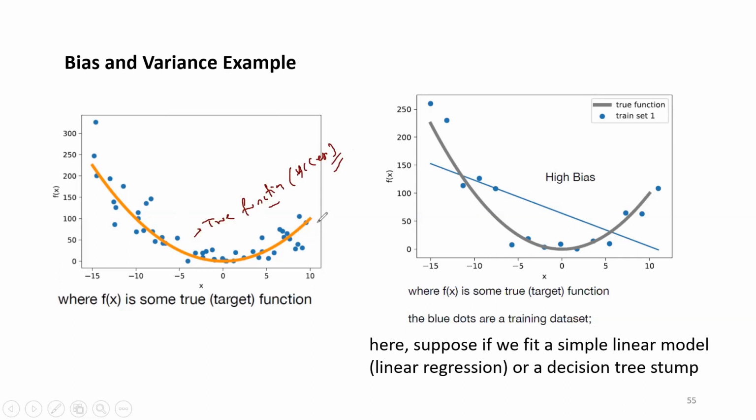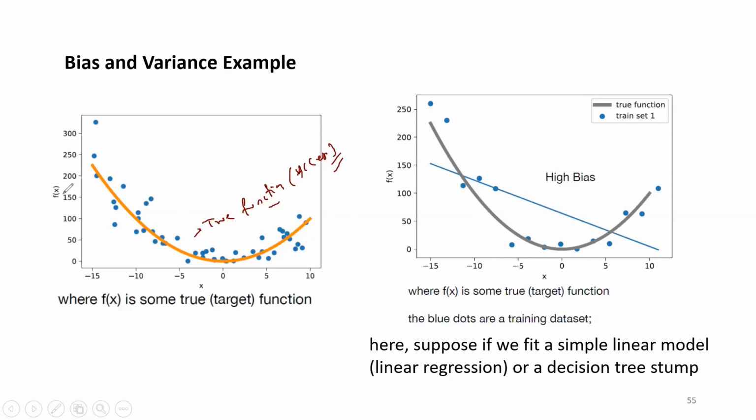When we do not have access to the true function, what we normally do is model an algorithm and try to find the true relationship, just like this. I'm actually taking the gray line here. If you observe, let me plot a regression line.